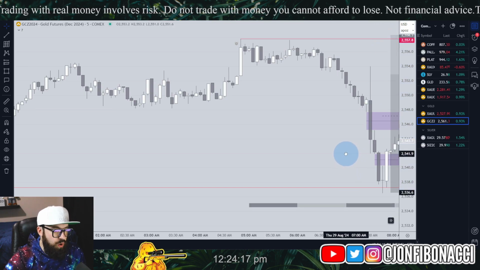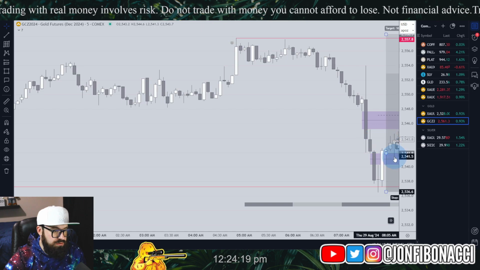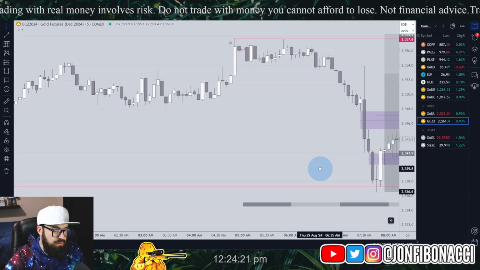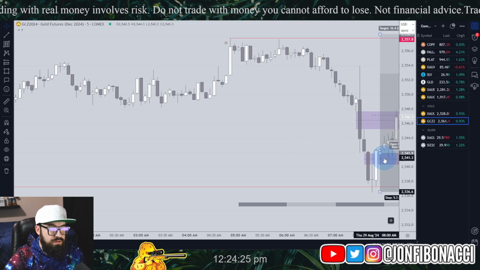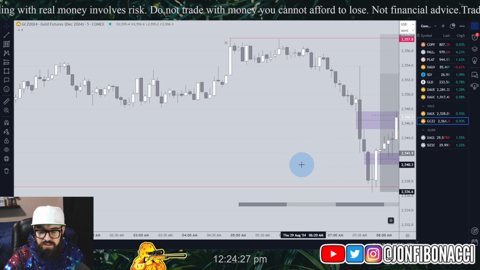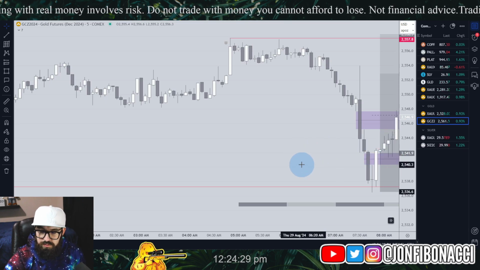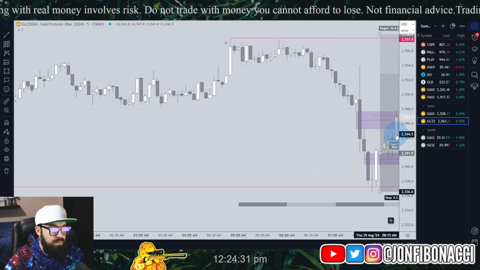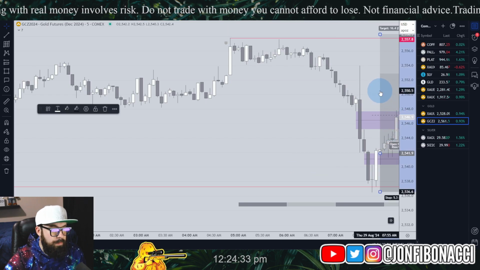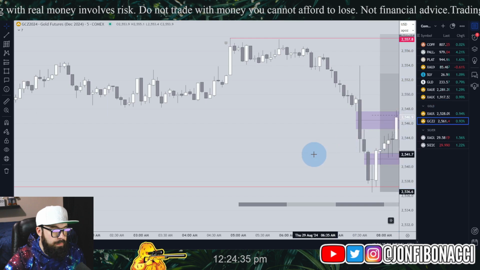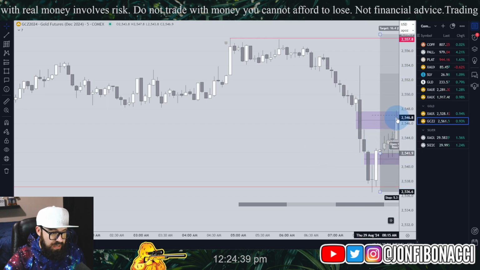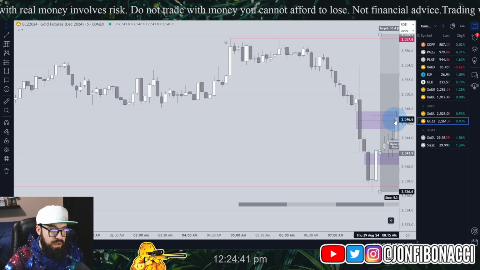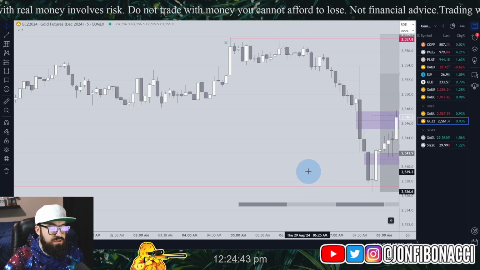Okay? So let's watch it. Comes back into the inversion, closes off of it. Comes back into the inversion, but closes off of it. So it's still respecting the inversion. What happens here? Okay. What happens here? This up candle right there crosses 50%.